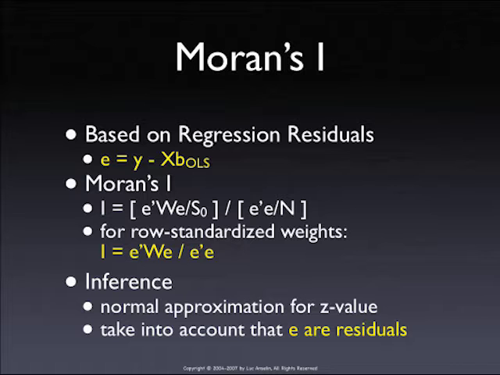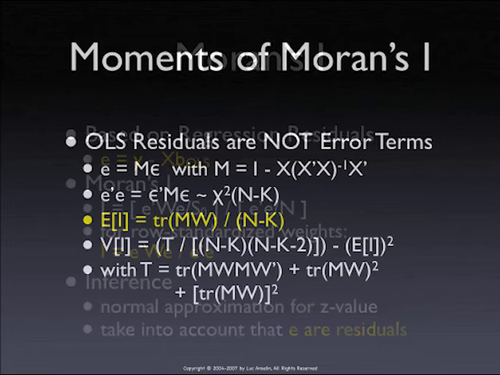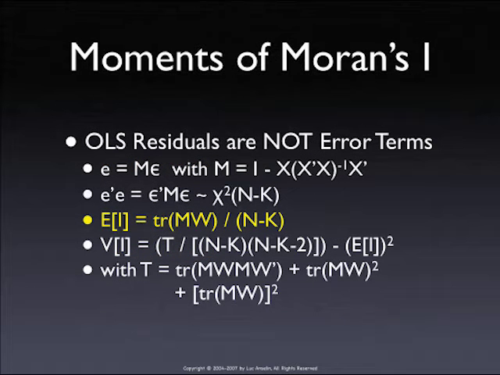Just to give you an idea of the complexity that is introduced by having residuals rather than the actual error terms, there is a connection between the residual and the error term. And this is textbook econometrics. If you haven't seen this, it's very easy to work out.